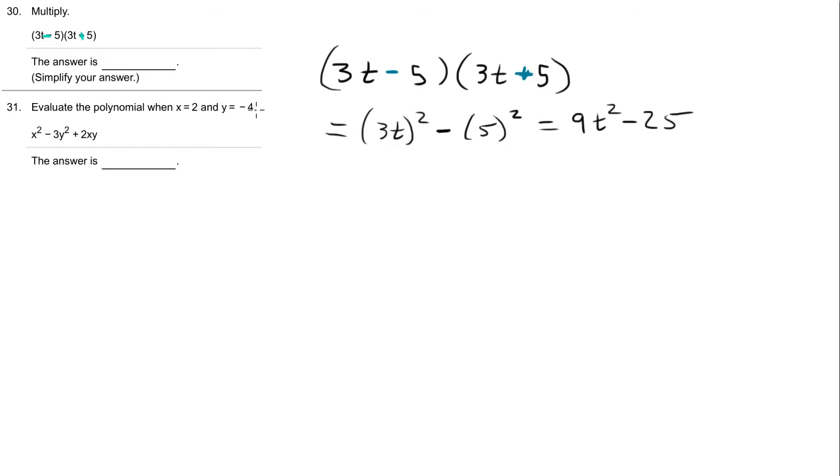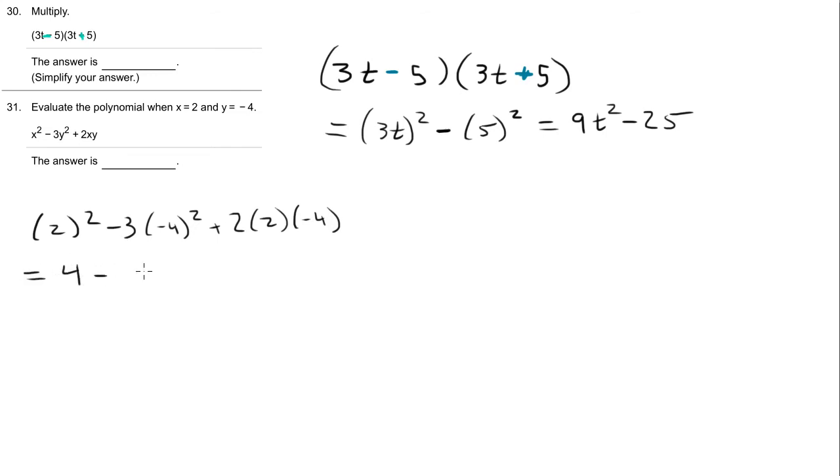Evaluate the polynomial when x is equal to 2 and y is equal to negative 4. Okay. 2 squared minus 3 times negative 4 squared plus 2 times negative 4. My goodness.